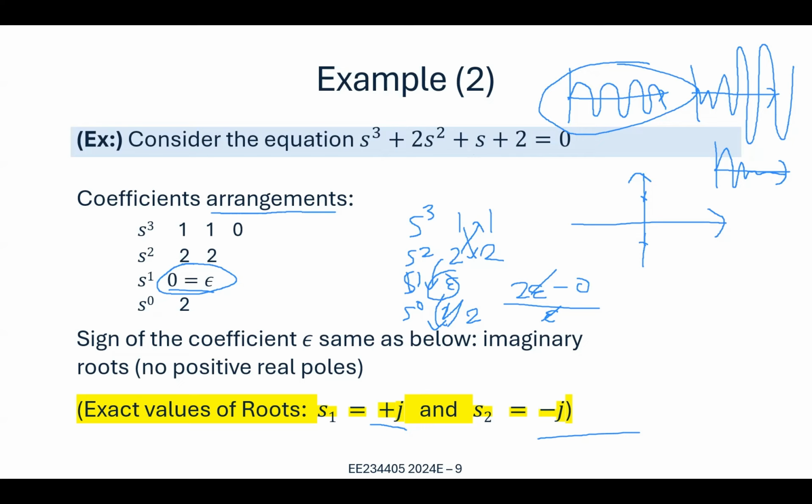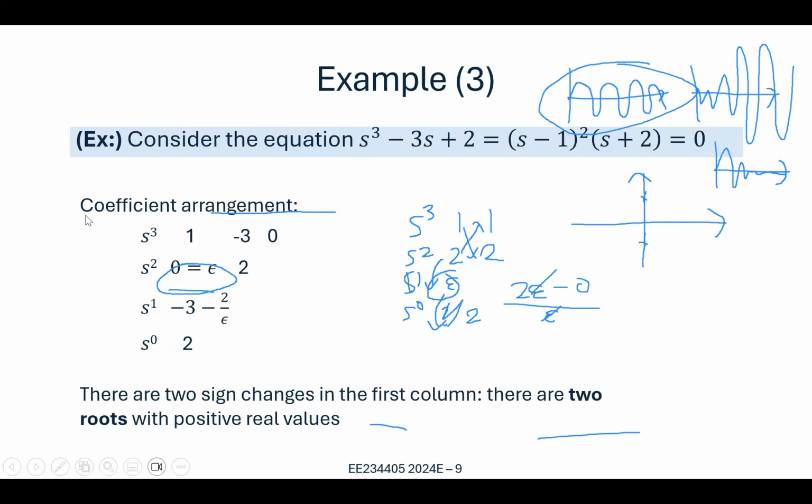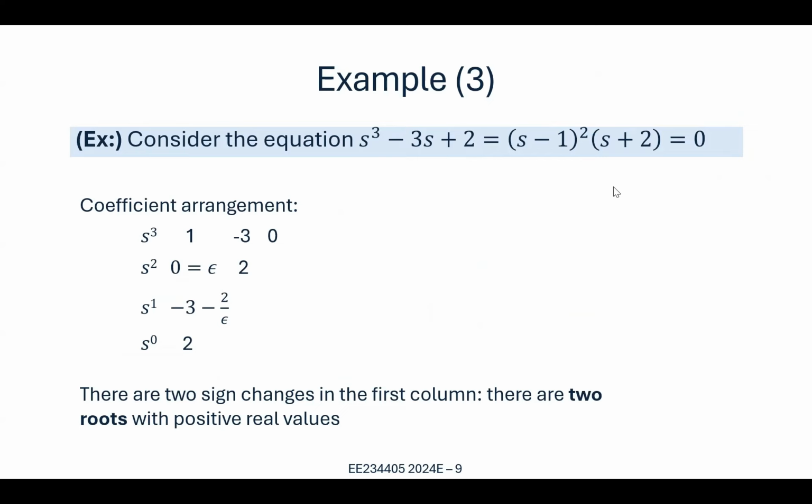Now the next example is another special case one. So now we consider this equation. Again, we don't need to know the exact value of the poles, just the equation itself.